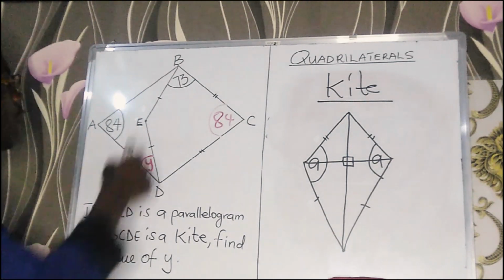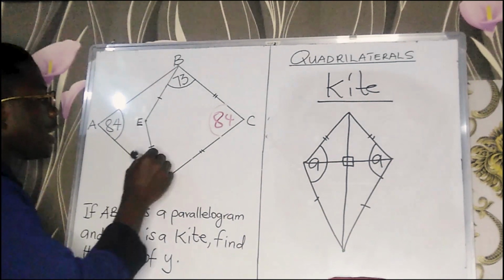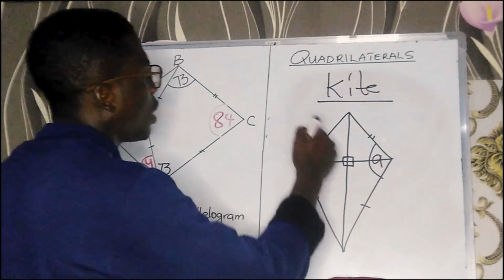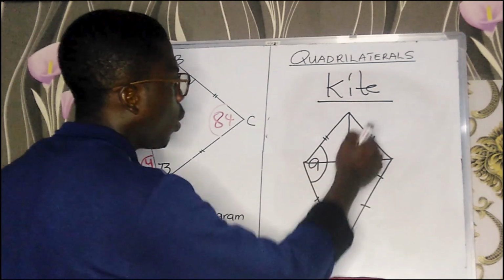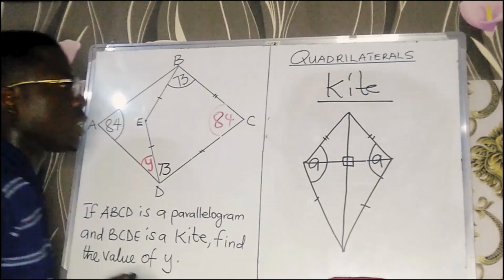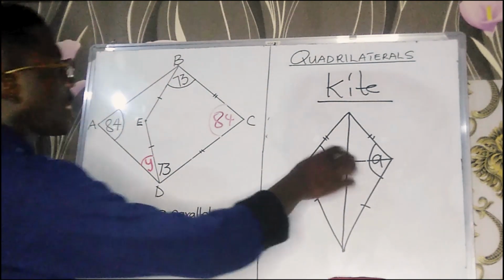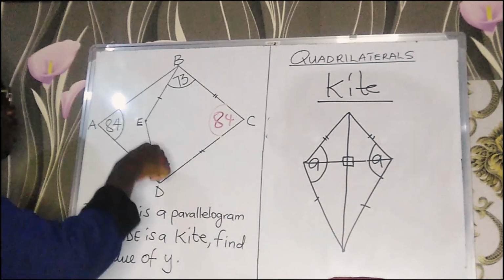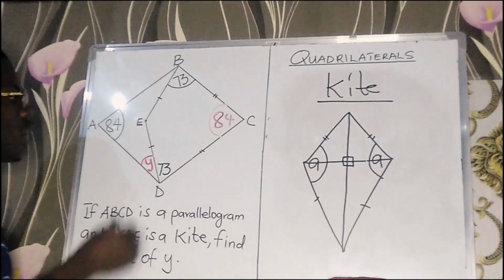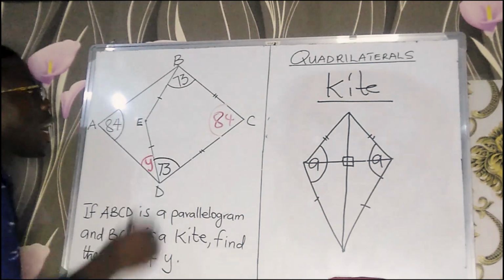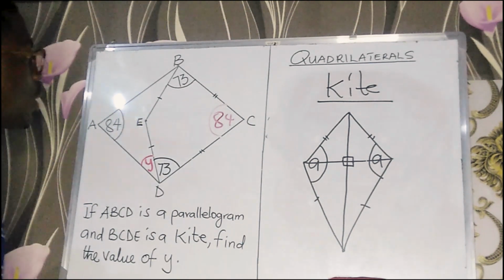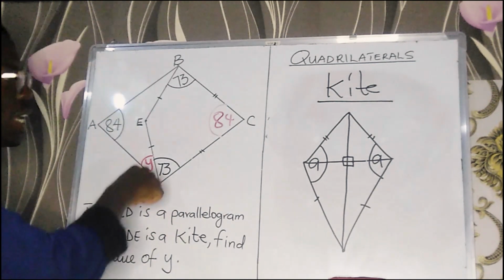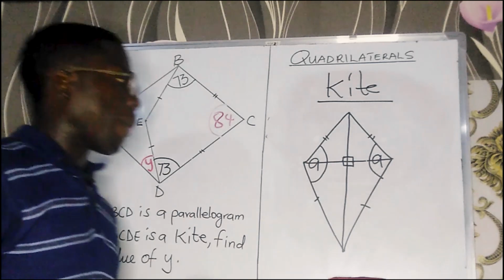Good. And so if I have 73 here, then I'm supposed to have 73 here, because one pair of its interior angles are equal. This is a pair of interior angles which are equal in size. So this 73 is equal to this angle, which is also 73 here. Now let's move on.